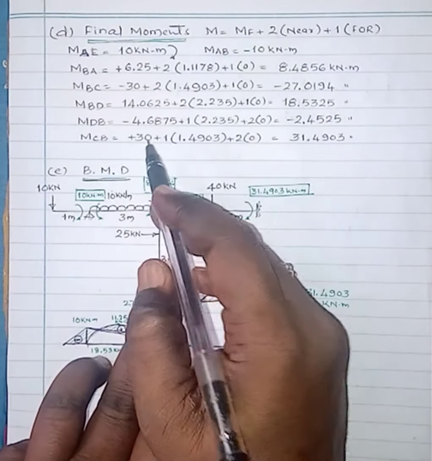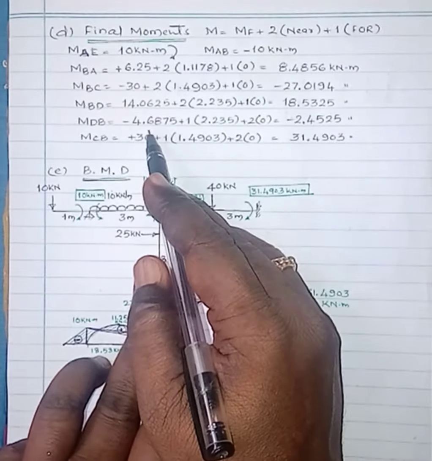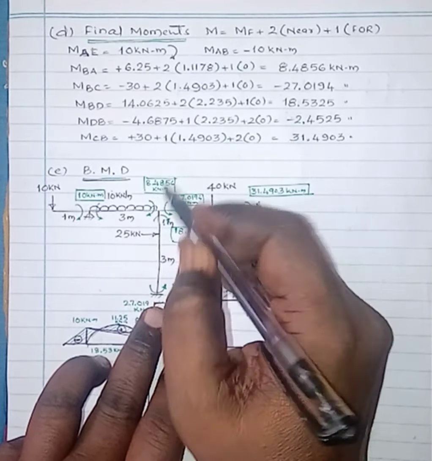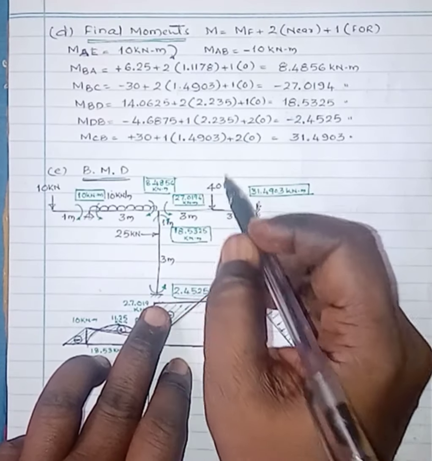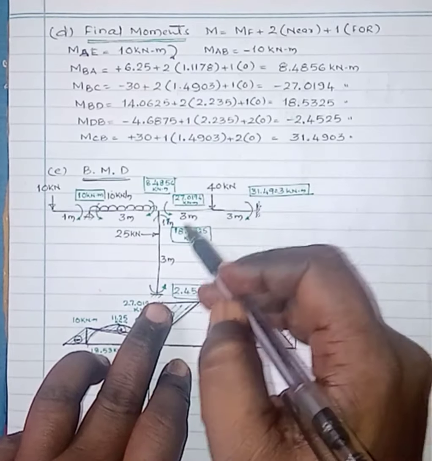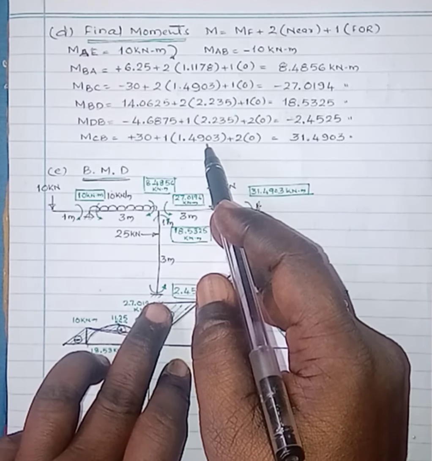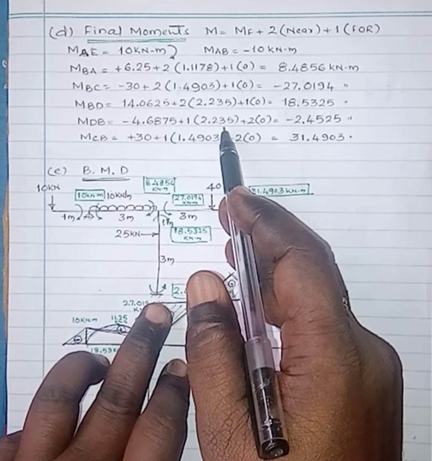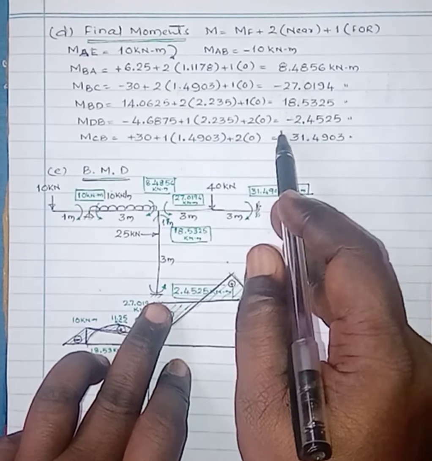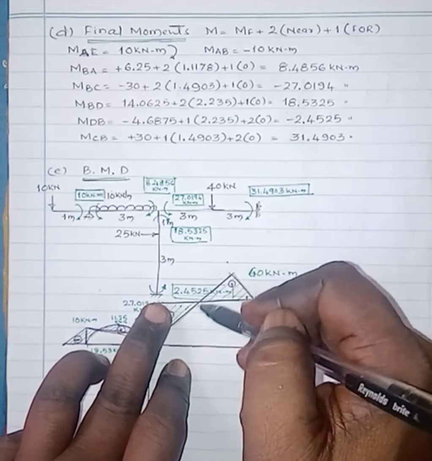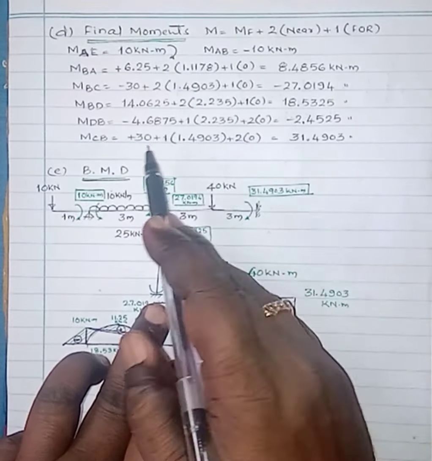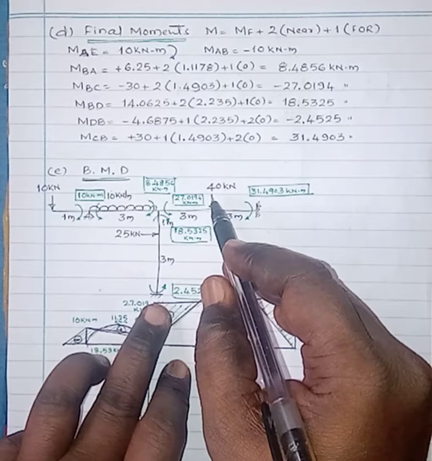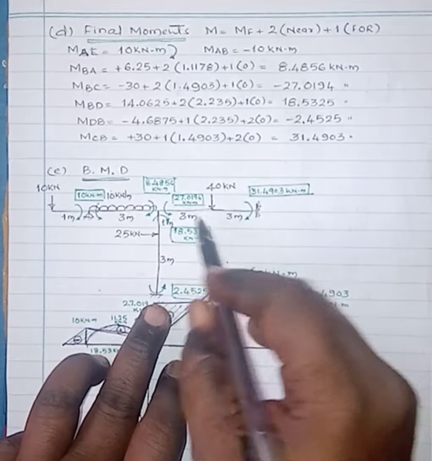Here MDB equals the fixed end moment, that is minus 4.6875, that is due to the point load of 25 kilonewton, plus 2 times the near end contribution, that is 0, plus 1 times the far end contribution, that is 2.235. Then this equals minus 2.4525.